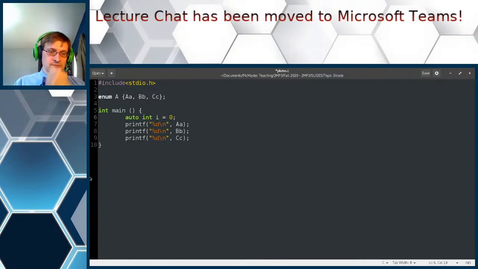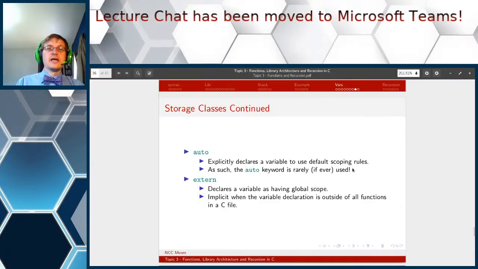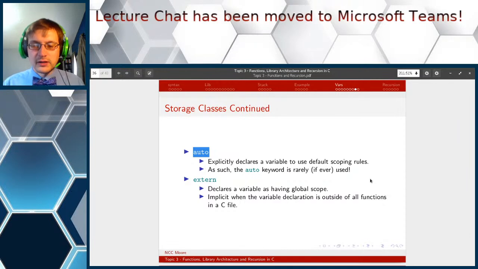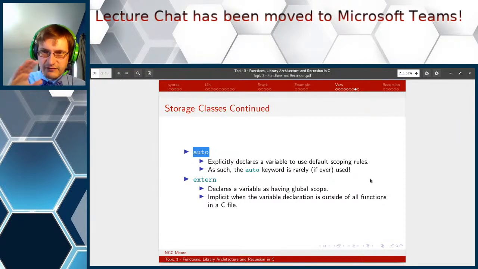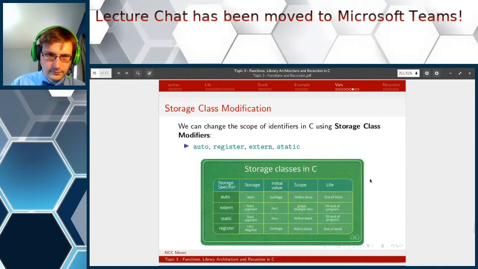There you go. Generally speaking, there's not much call to actually do this, as auto is implicit whenever you create a variable. Whenever you create a variable, auto is assumed. So you don't really need to use the keyword very often. This is variables as you know them.